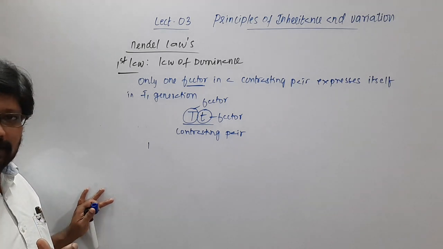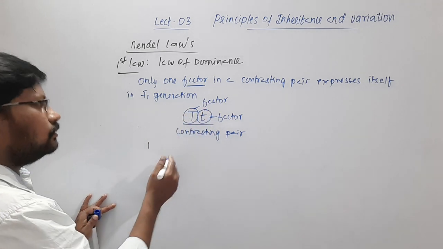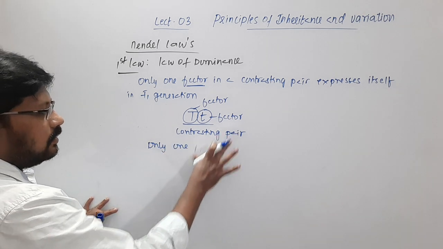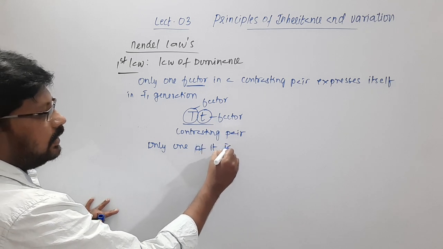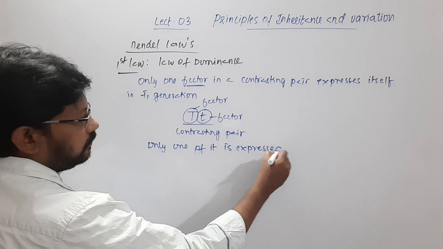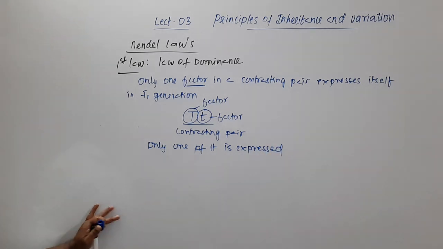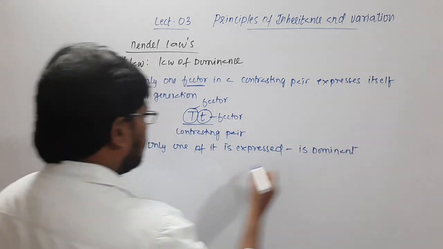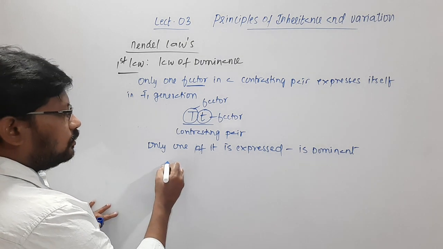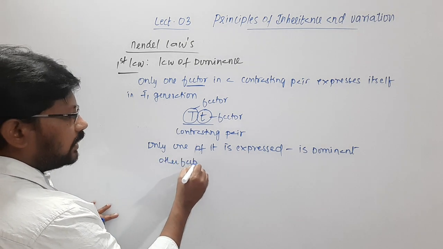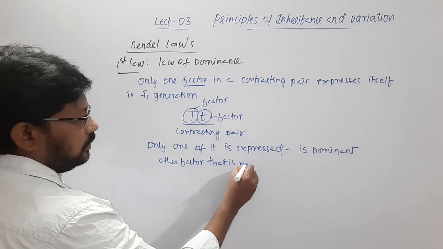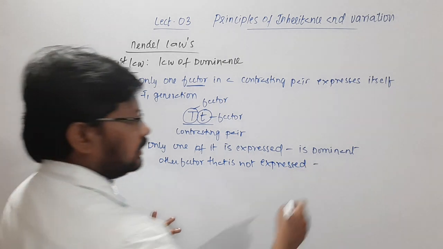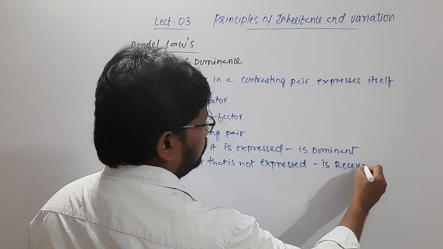There are two factors in a contrasting pair, and out of these two factors, only one is expressed. The one that is expressed is dominant, and the other factor that is not expressed is the recessive.